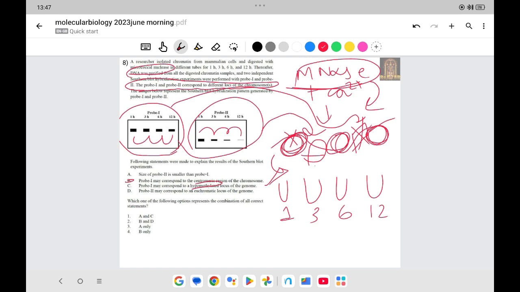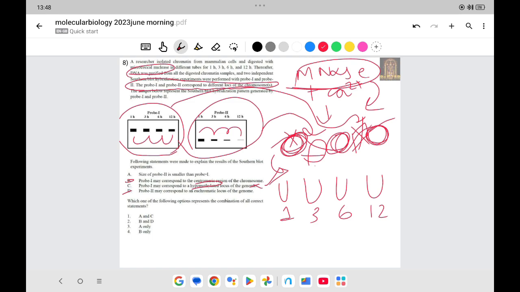But that is not happening here, so this is not true. And the last one is about probe 2, which may correspond to a euchromatin locus of the genome. Euchromatin is the most accessible part of the genome, so it might be in euchromatin form because the MNase is getting its free place to sit and cut. So this D is also right.